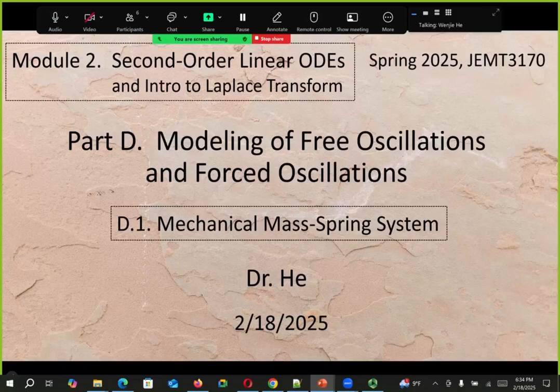In this part, we need to solve some application problems. After we know how to solve second order ODEs, let's apply our technique.